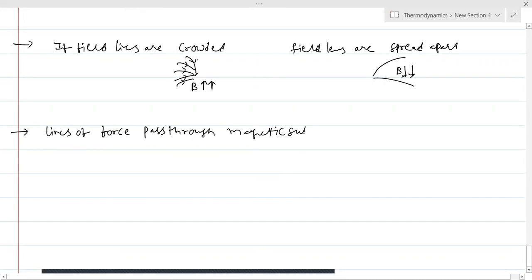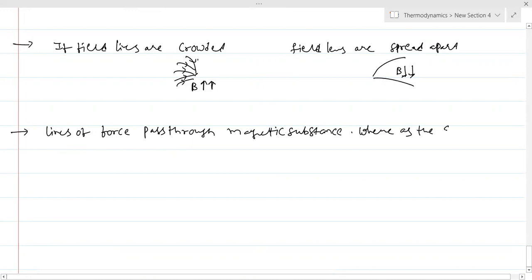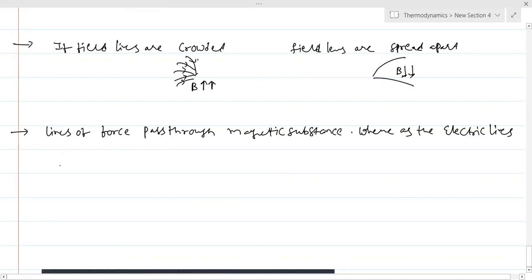This is very, very important. I am just taking a simple comparison. Whereas the electric lines of force do not pass through the substance.